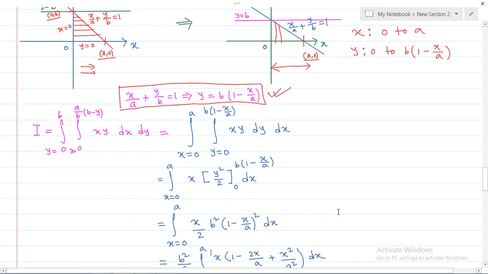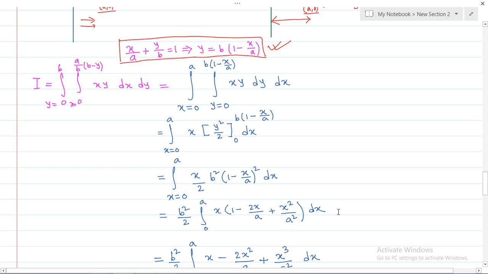Before changing the order of integration, it is y equal to 0 to b, x equal to 0 to a upon b, b minus y, xy dx dy. After changing the order of integration, the x limit is going to be constant, so it goes outside, x equal to 0 to a, and the y limit is inside, y equal to 0 to b into 1 minus x upon a, xy dy dx.